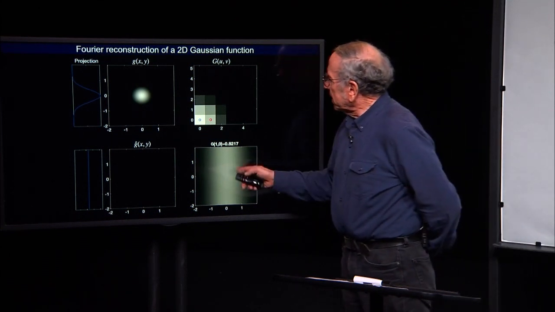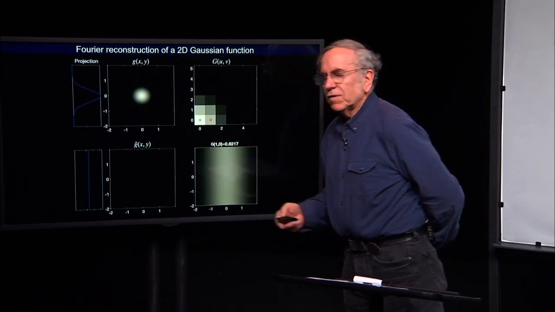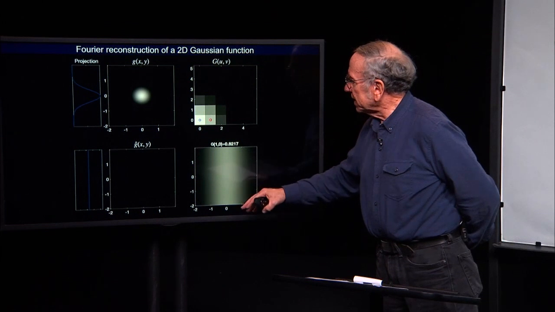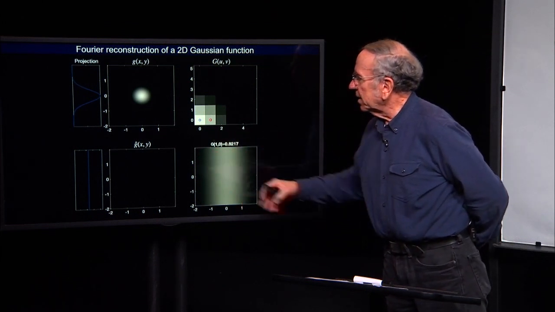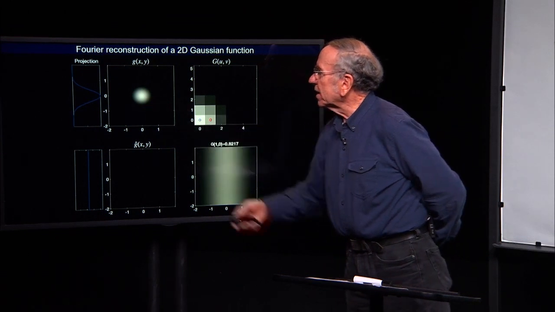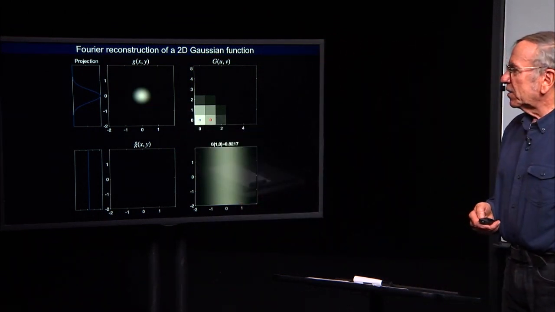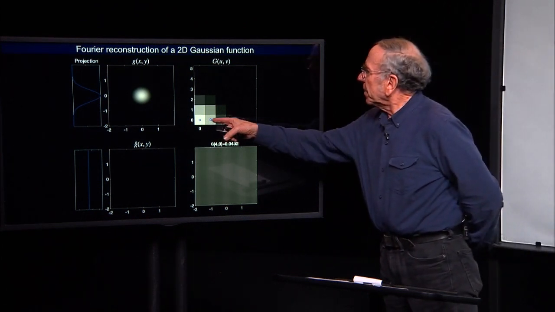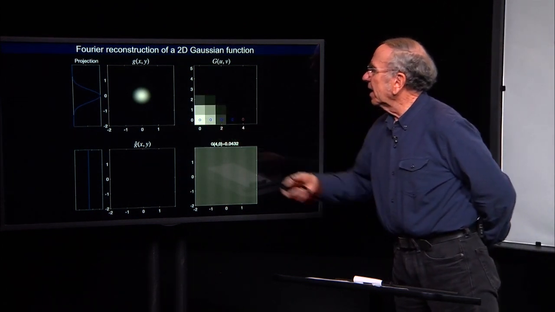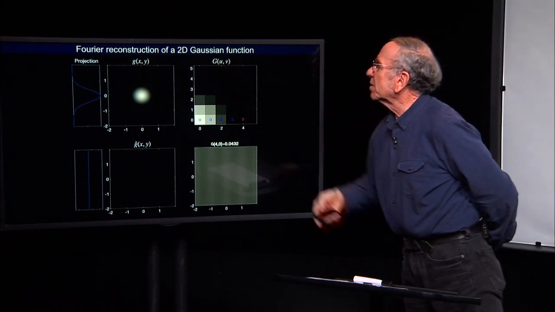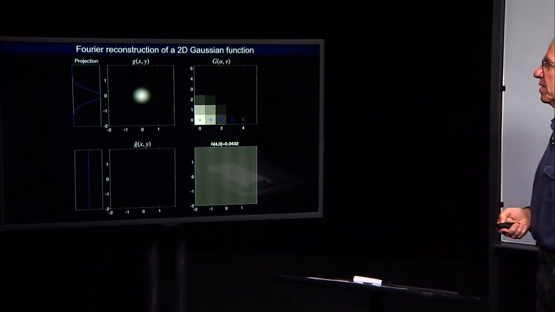And what I'm going to do is sum together a bunch of cosine waves like this that are different numbers of cycles and are also oriented at different angles. And I'm going to sum them up and hopefully reconstruct that two-dimensional Gaussian function. So I have here a quadrant of what turns out to be the Fourier transform of my g function.